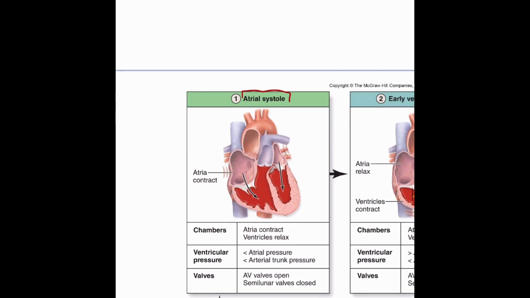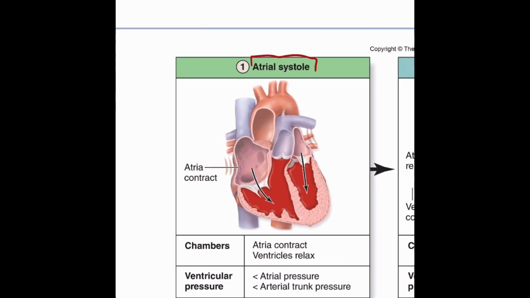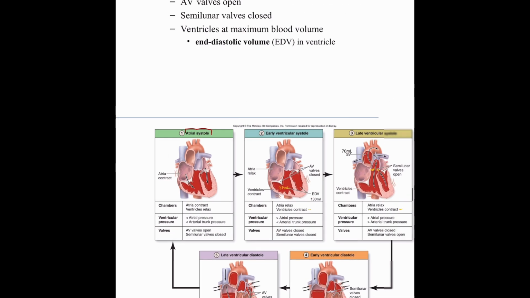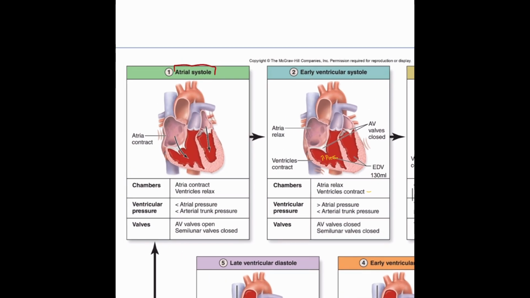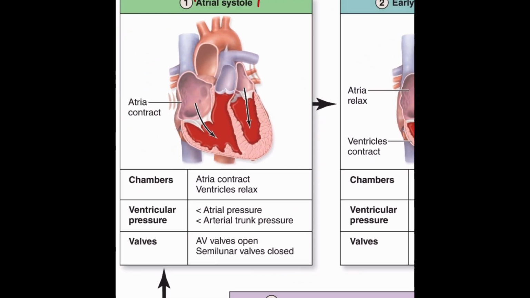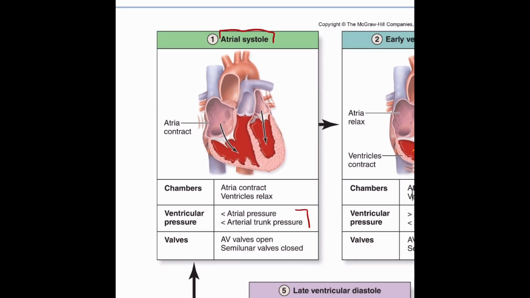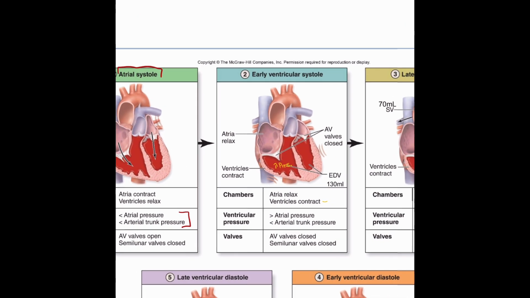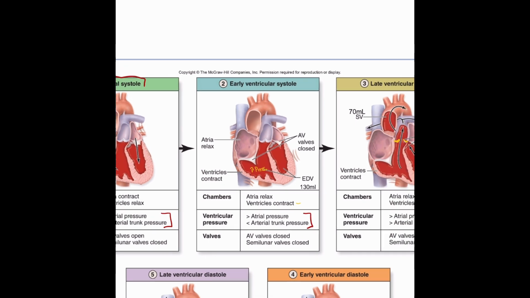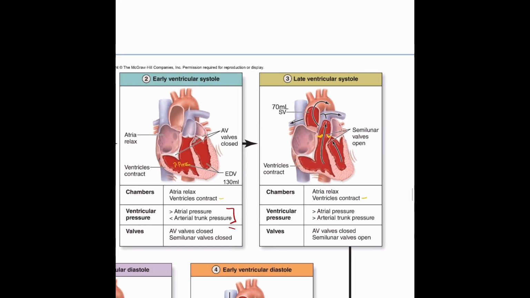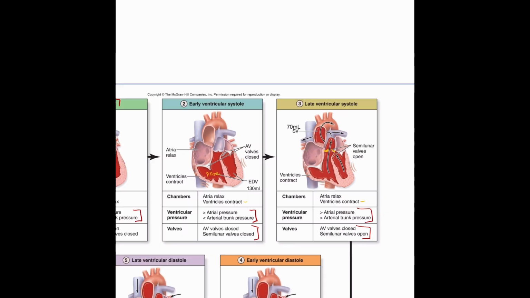As the pressure grows in the atrium, the atrium will still be relaxed, but it will have filled up with blood. And the ventricles are relaxed. The atrial pressure would be greater than the ventricular pressure, and the ventricular pressure would also be less than the arterial trunk pressure.